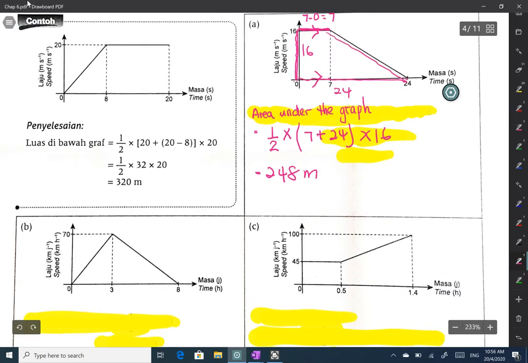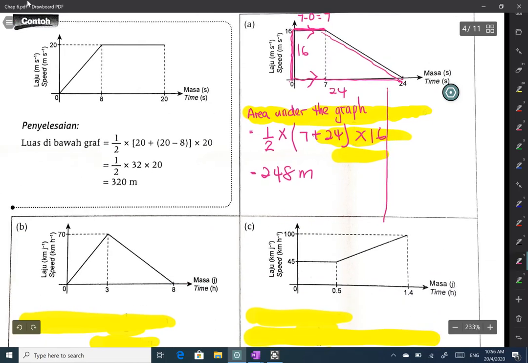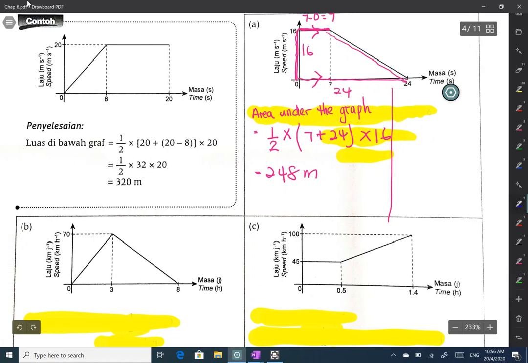Or we also can do like this, 我们也可以这样子做. Area under the graph is the area of this one, a rectangle, plus the area of a triangle. Area of rectangle, this one is 7, this one is 16.